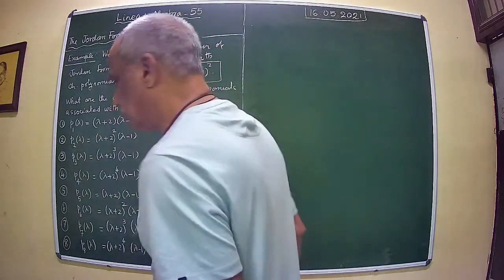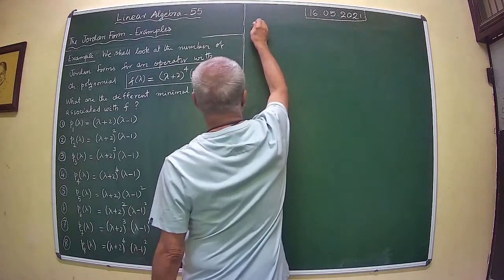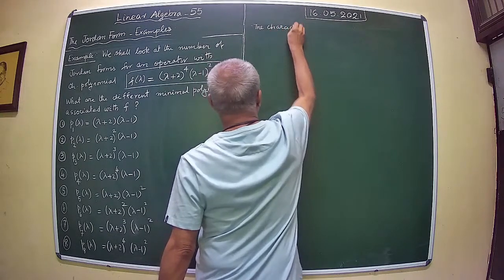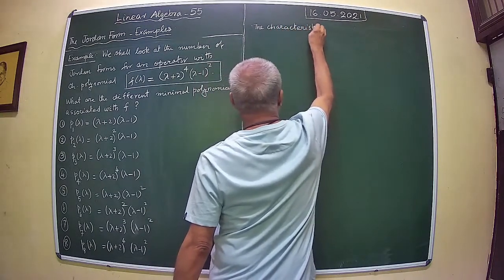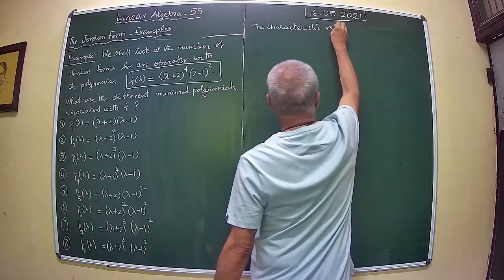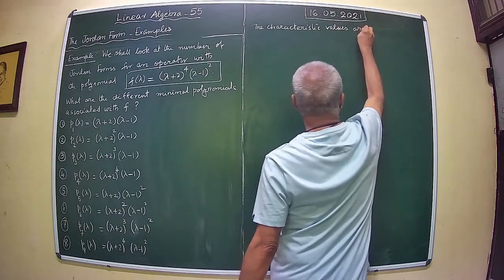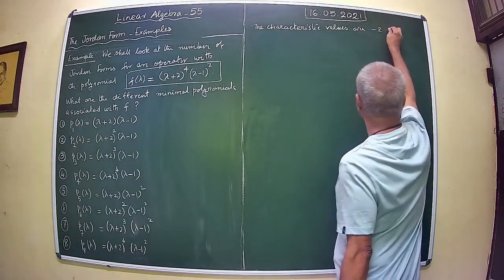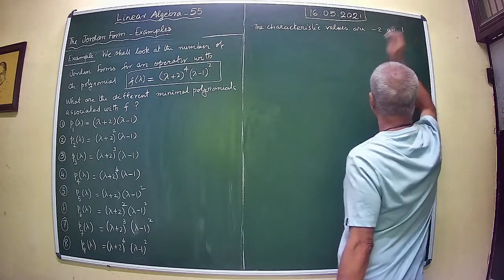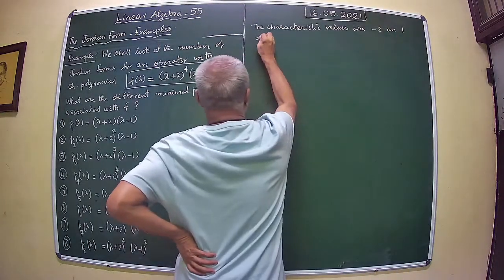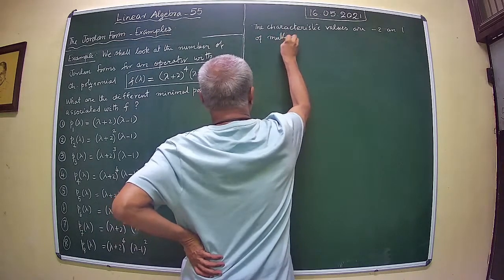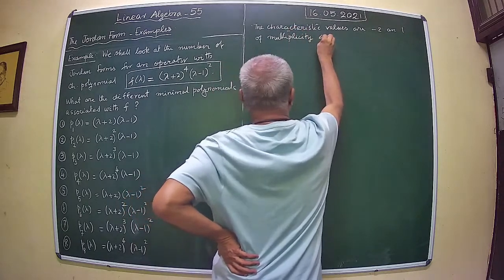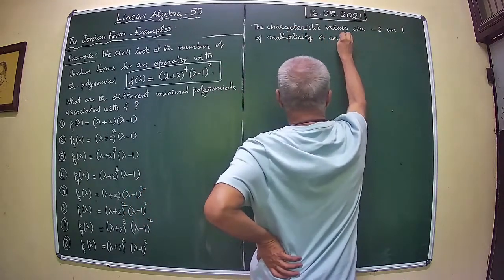So the characteristic values are -2 and 1 of multiplicity 4 and 2.